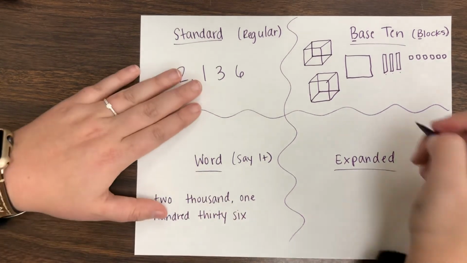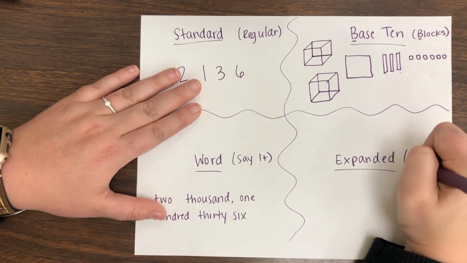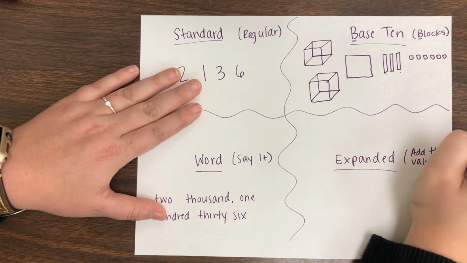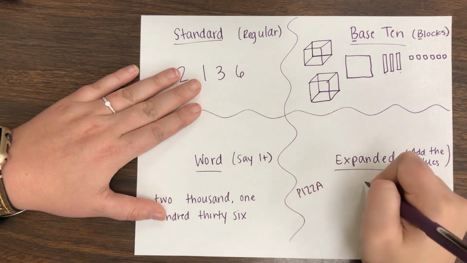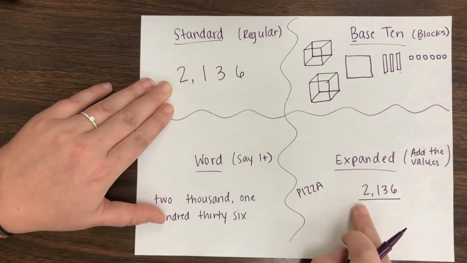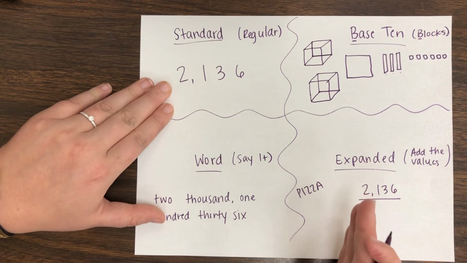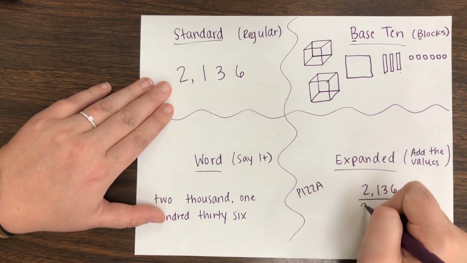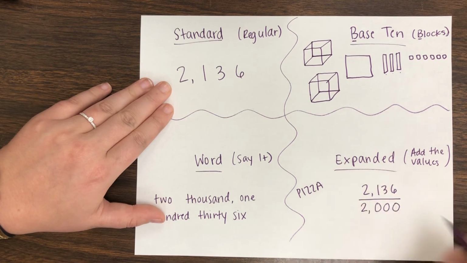And then expanded form is when you add the values together of the number. And here we use something called the pizza method, where you write the number out, 2,136, and we're going to add the value of the number. The value is how much each digit is worth. So we're going to drop the 2 down, and the 2 is actually worth 2,000. All these other digits become zeros.